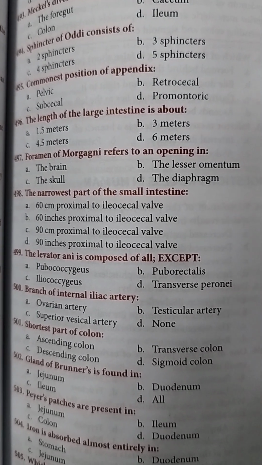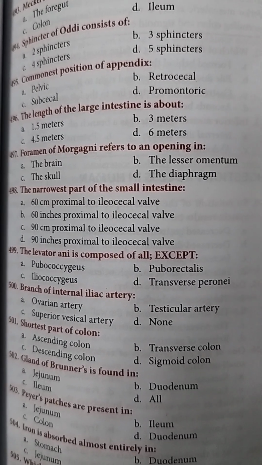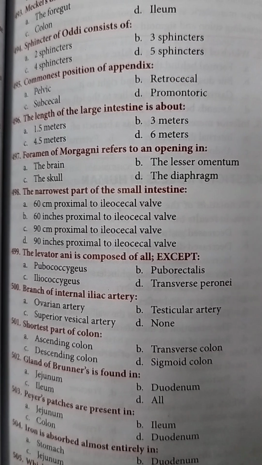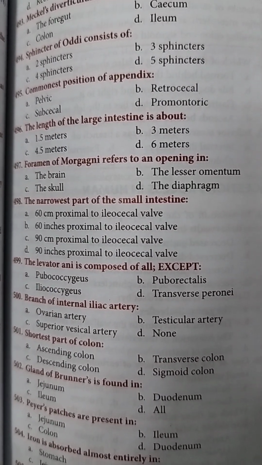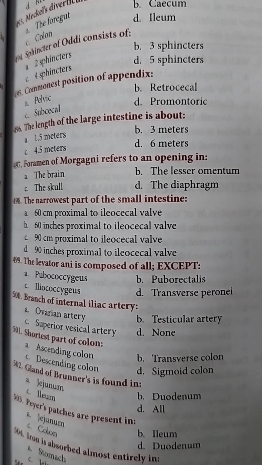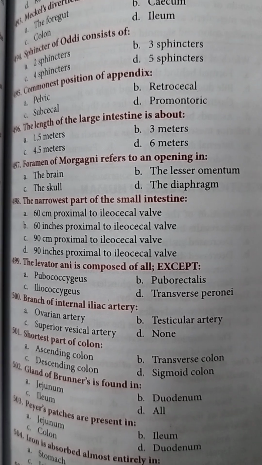The narrowest part of the small intestine is 60 cm proximal to ileocecal valve.